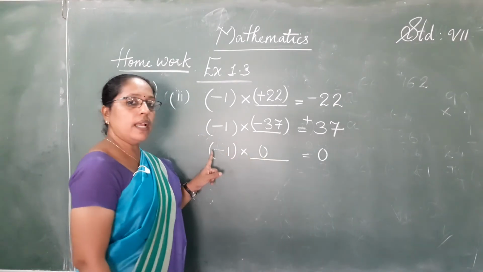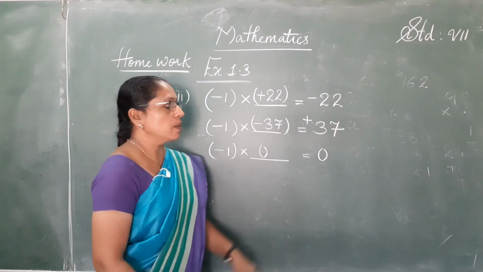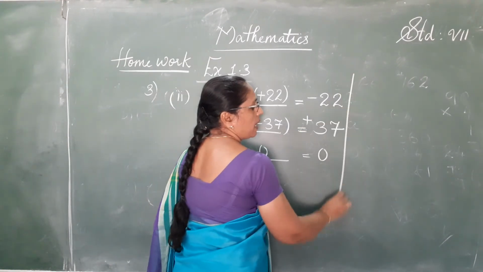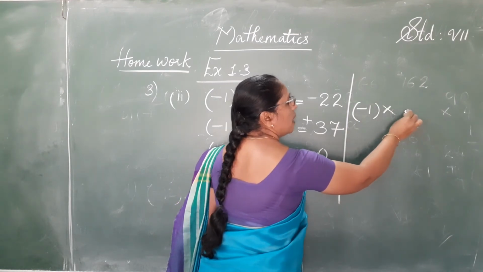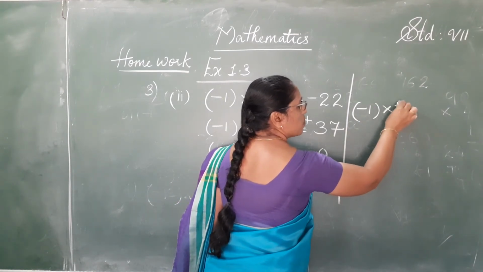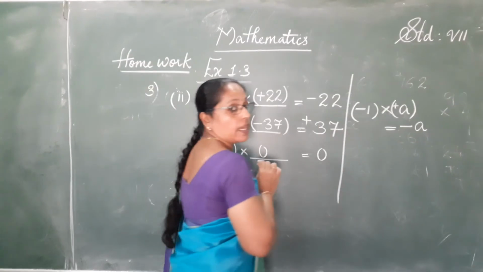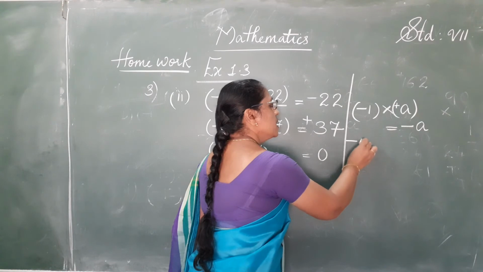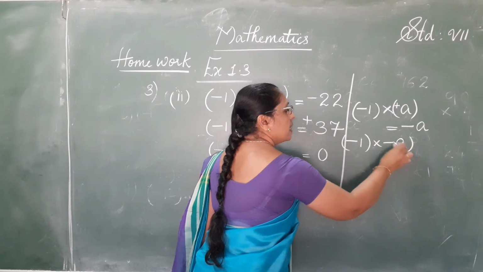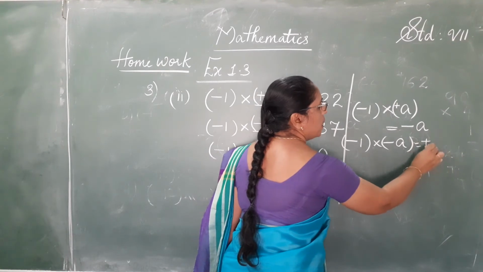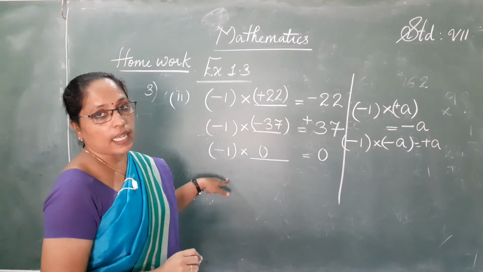So remember the fact we learned: negative 1 multiplied with a, if it is positive a, then the answer is negative a. If the integer is negative a, then the answer will be positive a. This is the fact we have used in the second part.